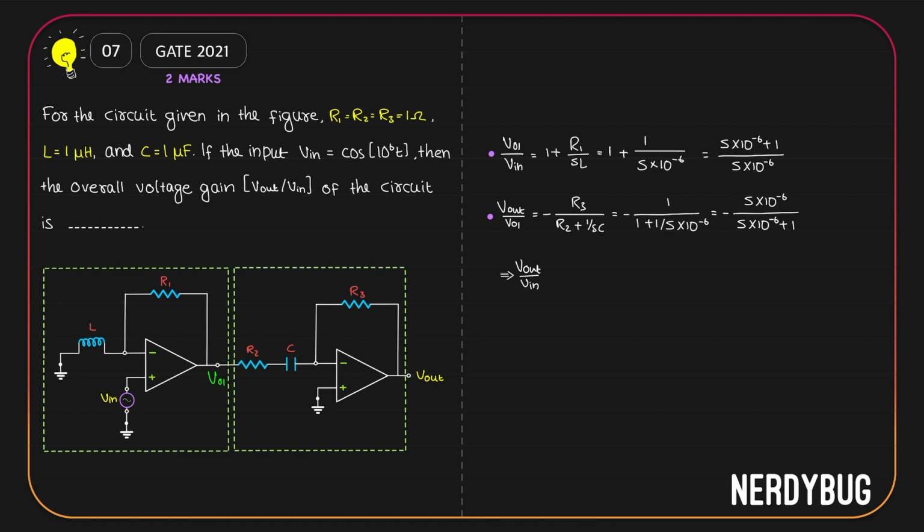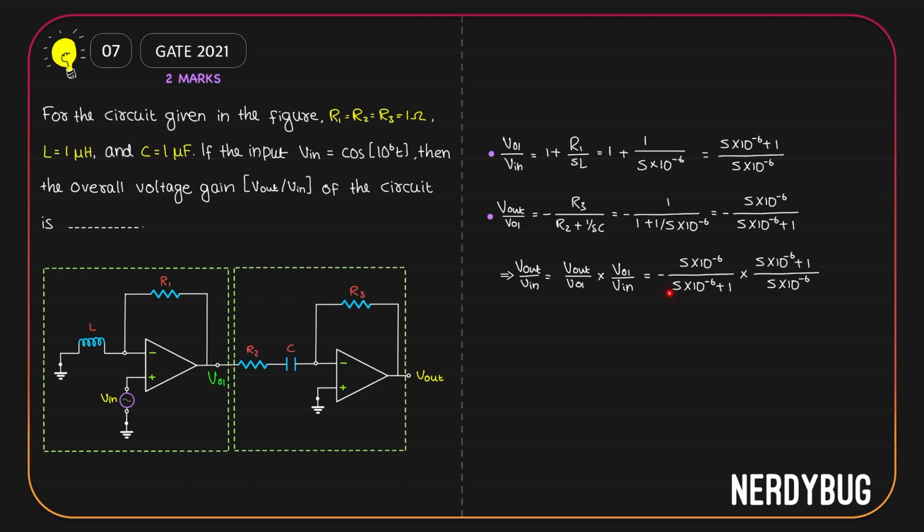Now, to get the overall gain, what we want is V out by V in. But for that, all we have to do is take the product of V out by VO1 and VO1 by V in. Because then VO1 and VO1 get cancelled and what we have is actually V out by V in. Now, V out by VO1 is what we have over here. VO1 by V in is what we have over here. So technically, we just have to take the product of these two.